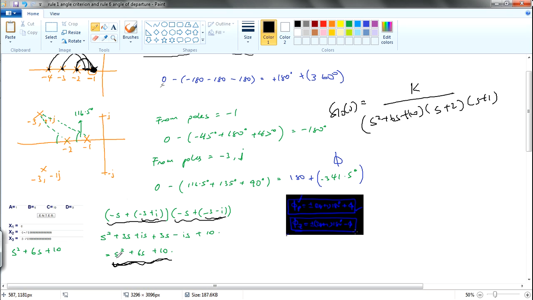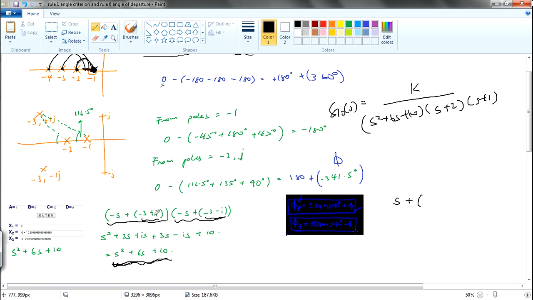Typically, if you saw s squared plus 6s plus 10, you would be tempted to write s plus the rest of the imaginary number. It is also quite tough to see how you derive the imaginary part from here.